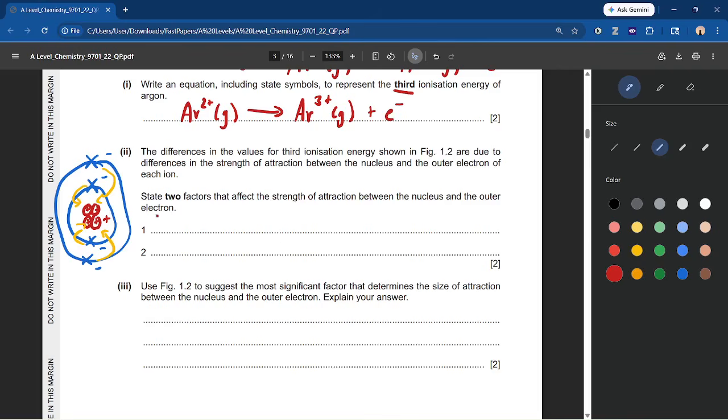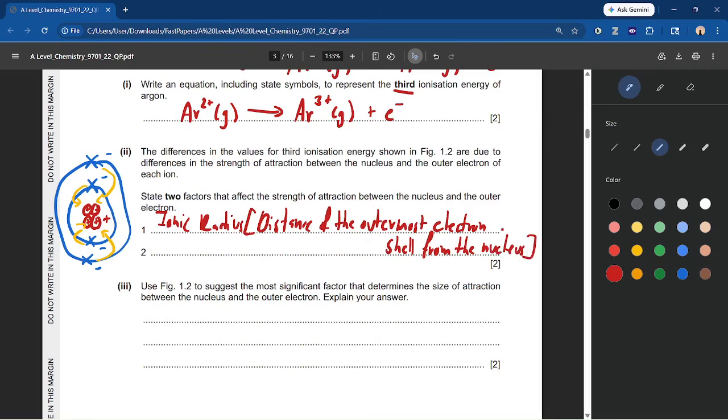The ionic radius. What the ionic radius is, is the distance of the outermost electron shell from the nucleus. You don't have to write this, I'm just writing it for your sake.